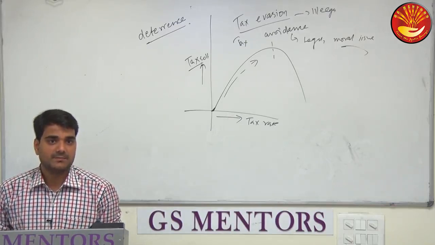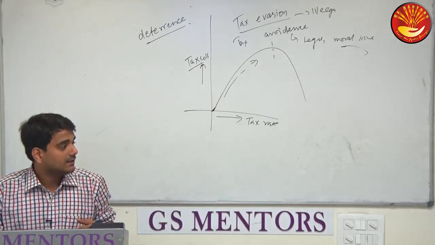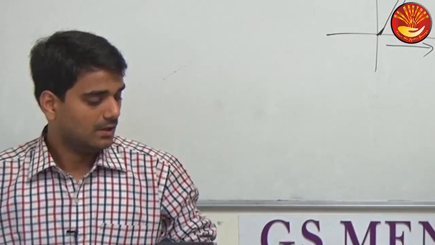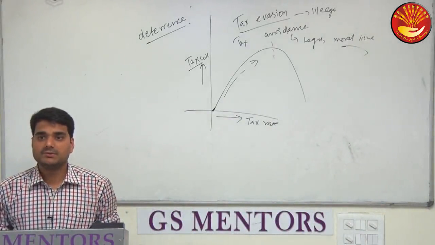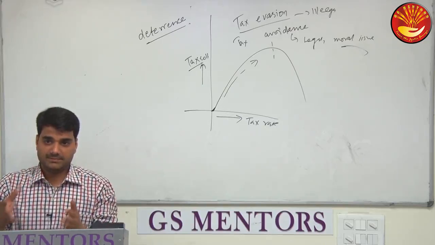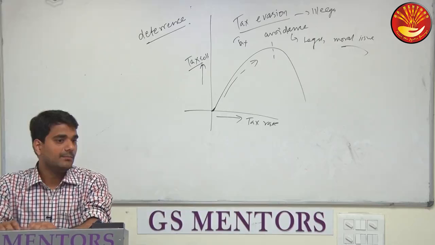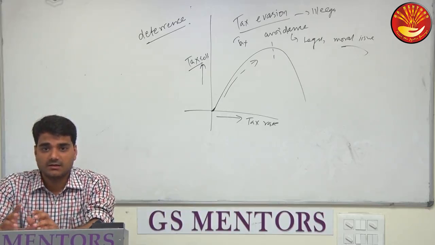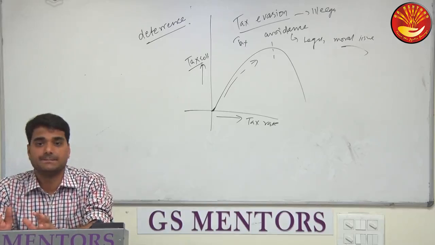Surety of punishment. Because if the punishment is very severe, like in India, the conviction rate is very low, particularly in case of criminal cases, because of our problematic jurisprudence system.